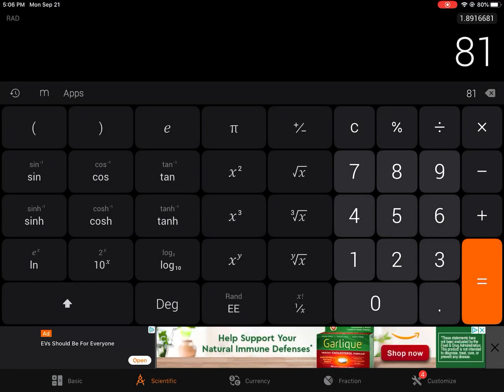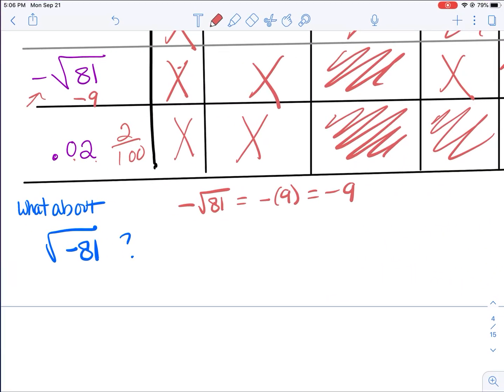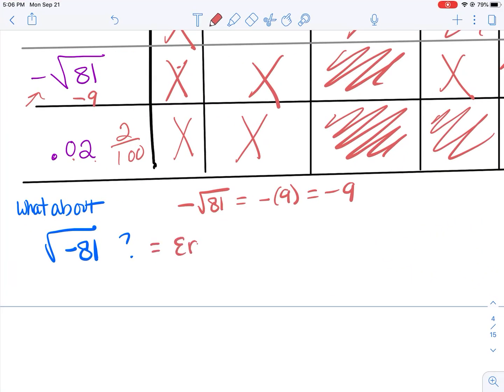So 81, I'm going to make it negative. And then I want to take the square root. It says error, okay? So when you see something giving you error, that should make you think, all right? Maybe that I'm not getting a real number when I do that.